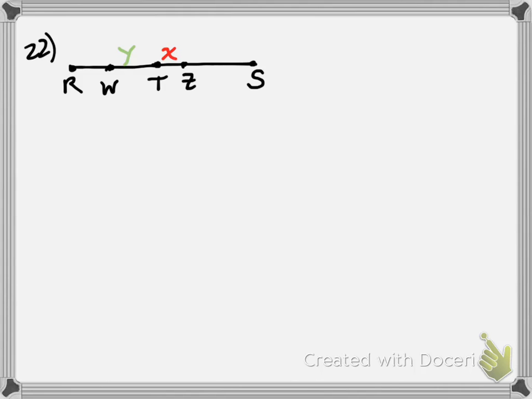So if WT is y, guess what? So is RW. Okay. Now let's go back to T being the midpoint of segment RS. Well, if half of that segment, RT, is 2y, I have y plus y is 2y, wouldn't TS be 2y as well?